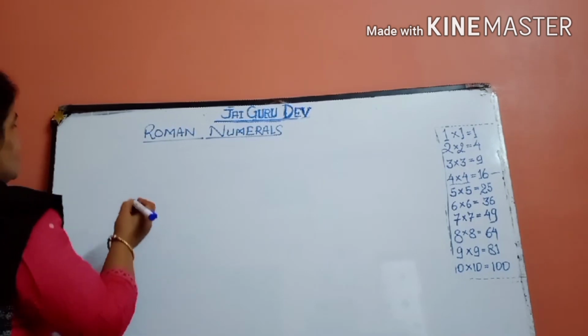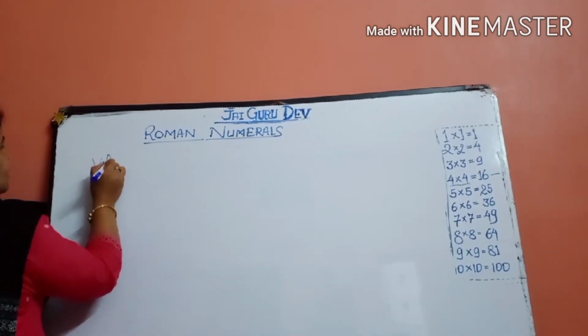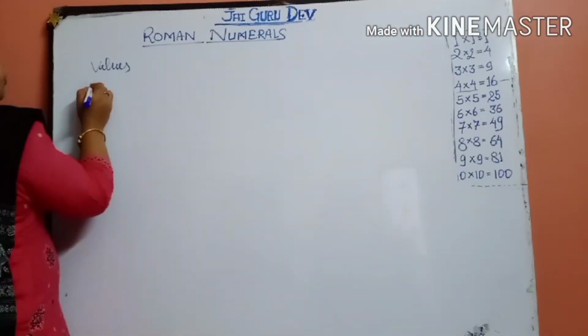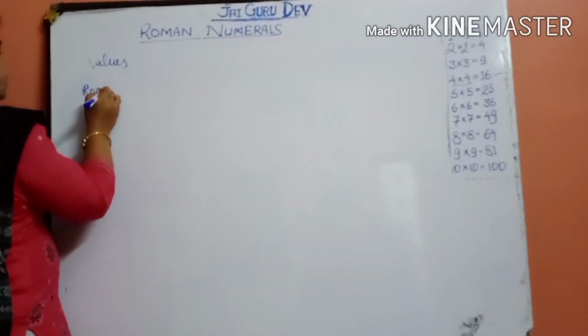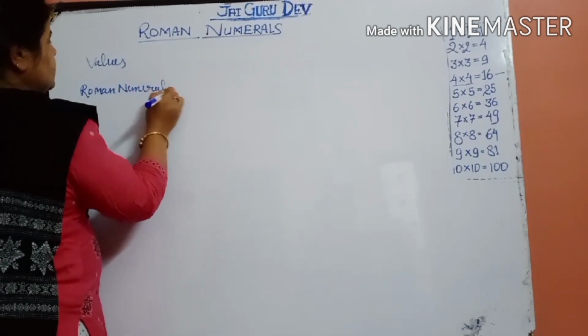And in Roman numerals I am writing the values, and which Roman numerals we are using for that. See that.